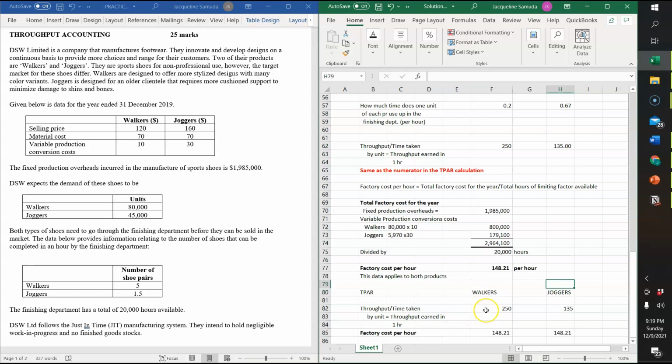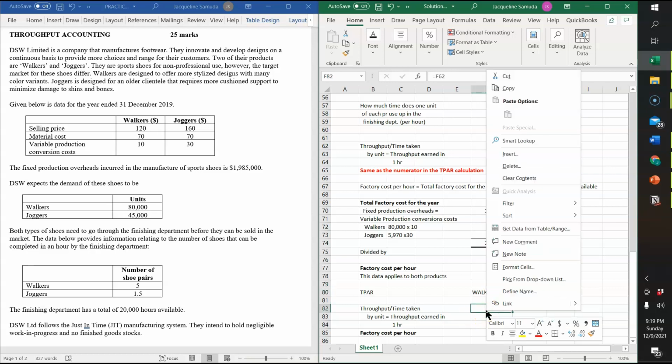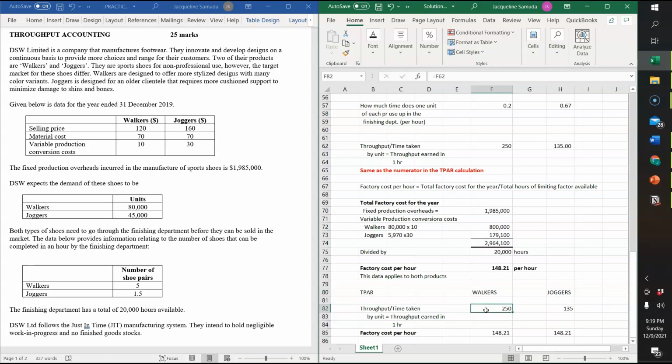Now what does the 250 tell me? The $250 tells me that in 1 hour in the finishing department, walkers will earn $250 of throughput for DSW.